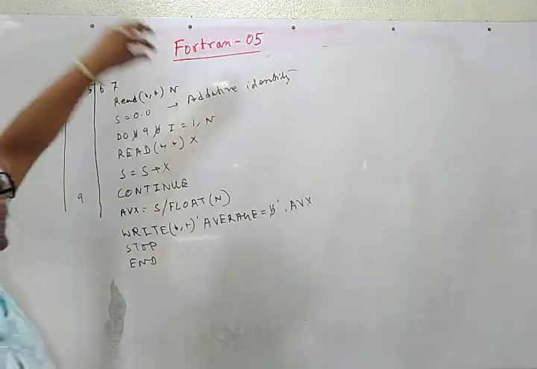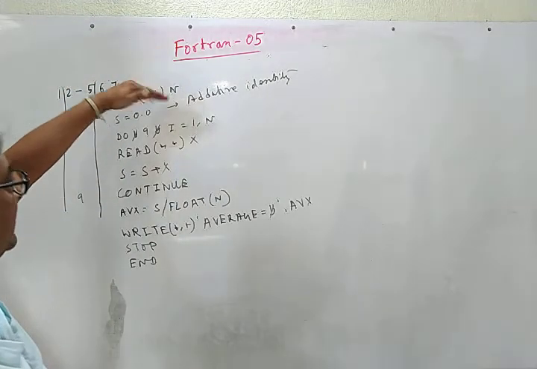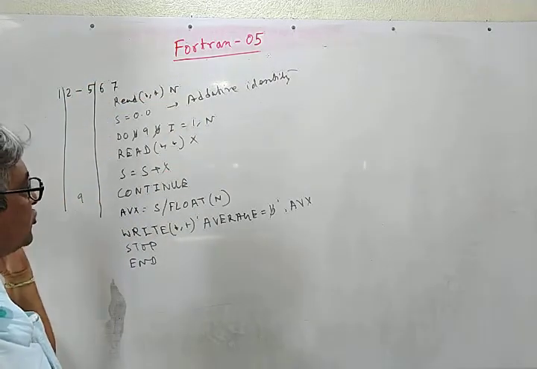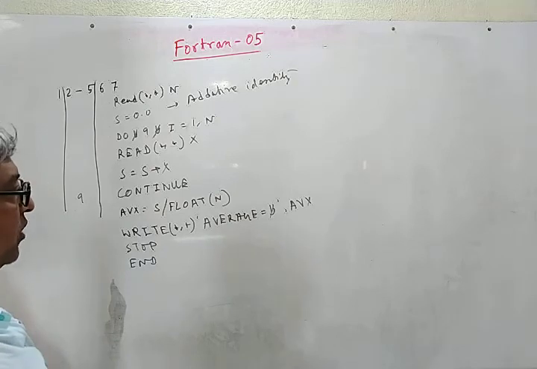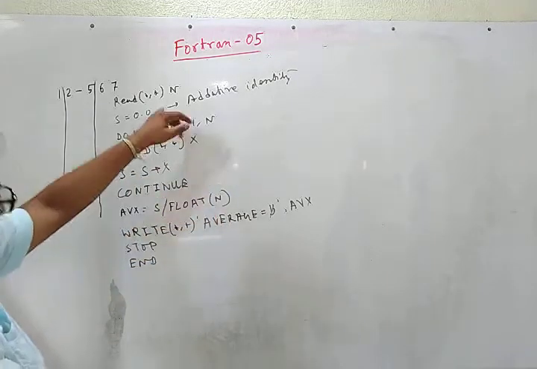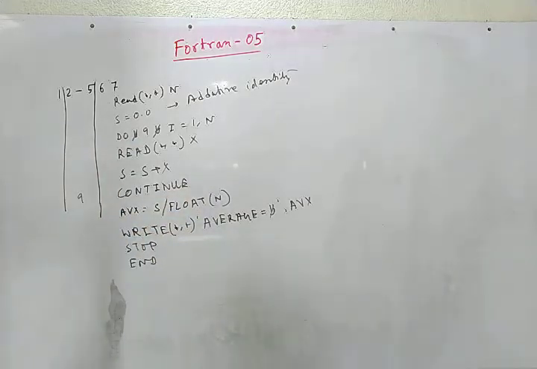You need to provide the value of n only, and the sum will be continued to exhaust all the n values. You need not add or subtract anything in the programming. It will be adjusted automatically. This is the one powerful technique of using do loop.